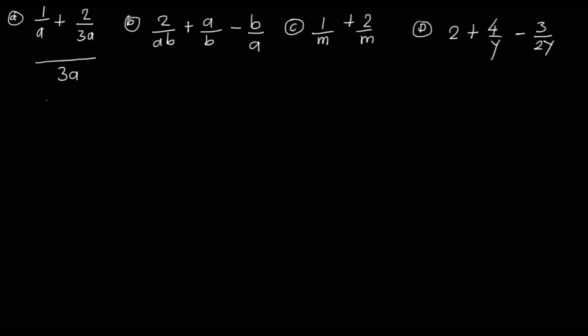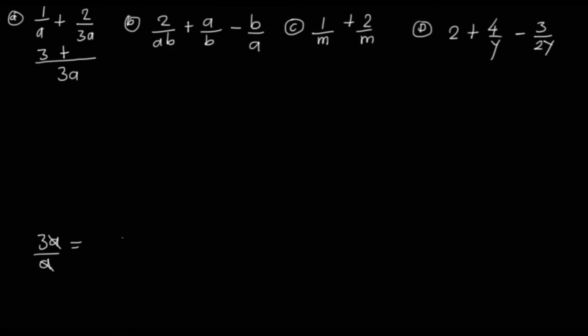Now we begin. We divide a into 3a. The a will cancel, giving us 3. Then we multiply by the numerator, so 3 by 1 is 3, plus.